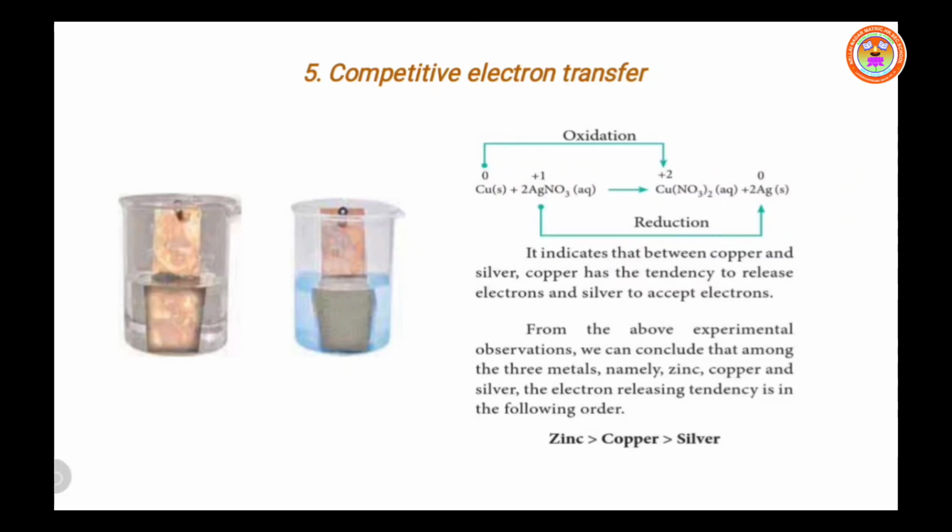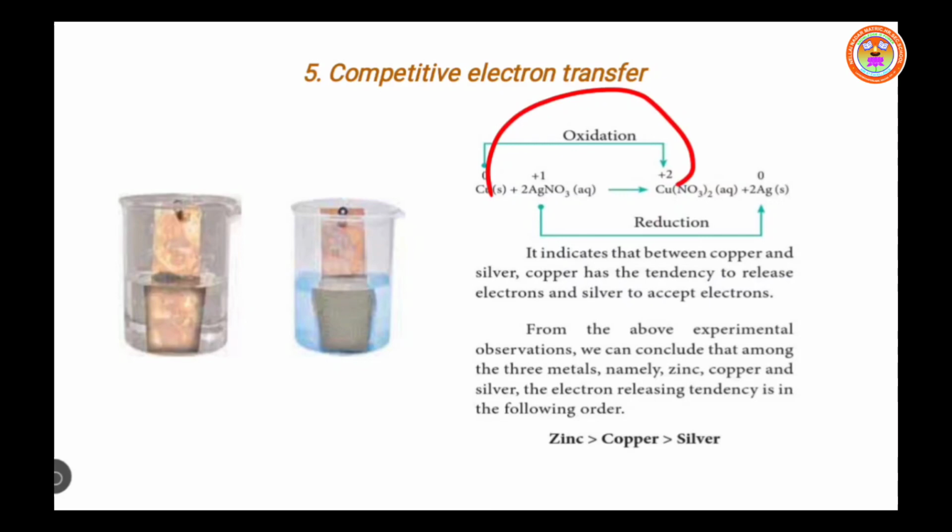Now we can see the oxidation state of the elements. In the uncombined state, we know the oxidation state of copper is 0. In copper nitrate, Cu(NO3)2, the oxidation state of copper is +2. So here 0 oxidation state of copper is increased to +2, isn't it?